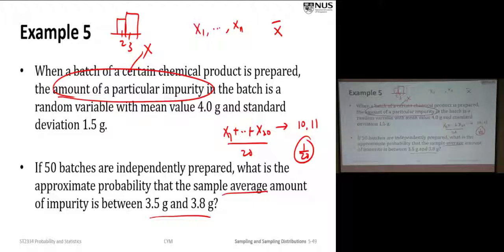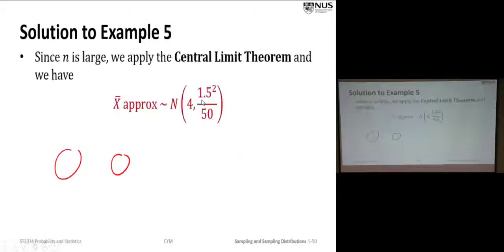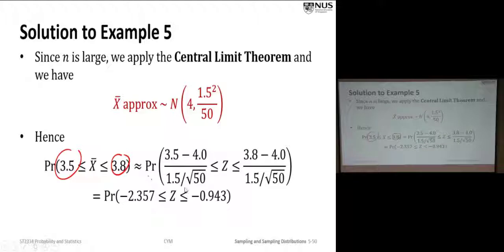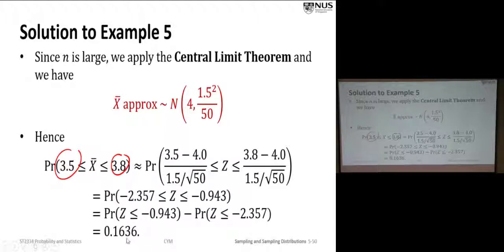In that case, we don't bother to do any continuity correction, because the impact of whether you do it or not is not that big if your sample size is big. So you just proceed and get the answer, 0.1636.